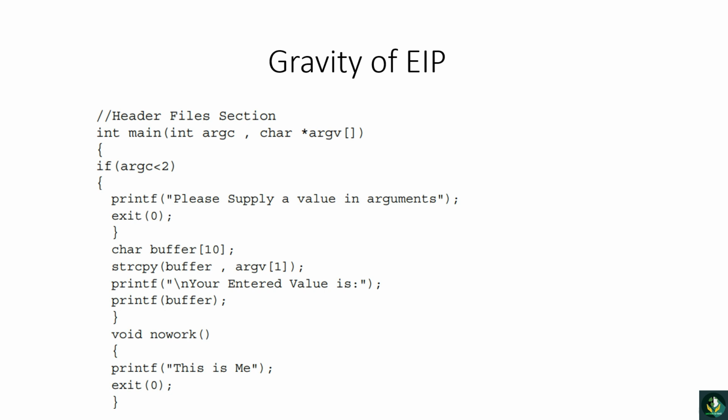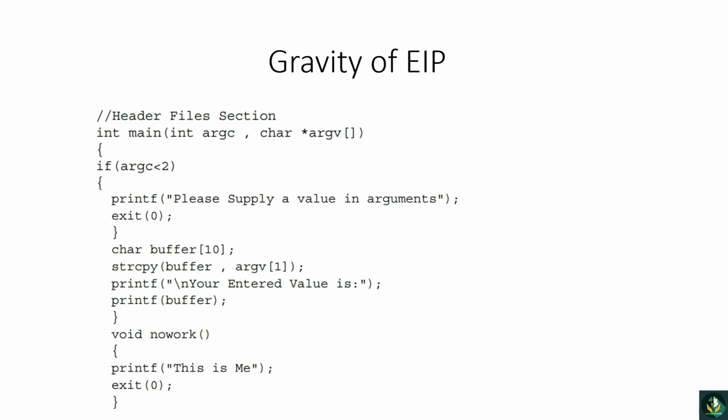However, if we override the EIP with the address of this function, we can run this function by supplying a command line argument only. We can see the buffer size here is 10. Therefore, whatever we input after it directly overrides the address in the EIP. It means that if we supply anything after the buffer, it becomes the content of the EIP register.